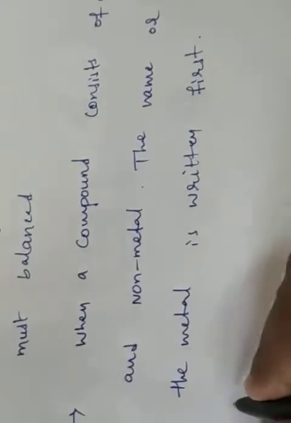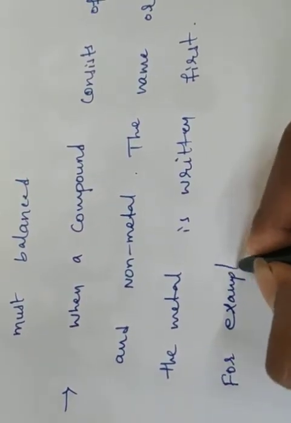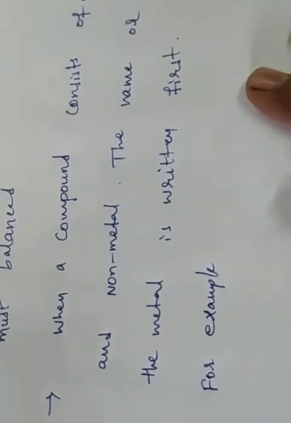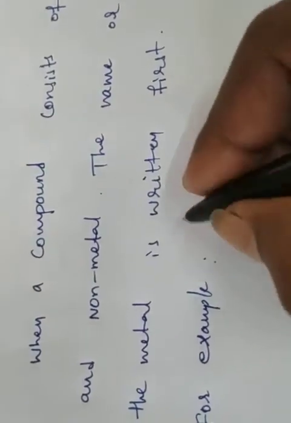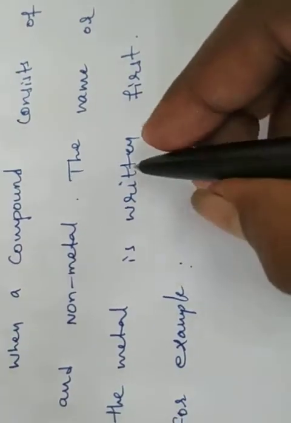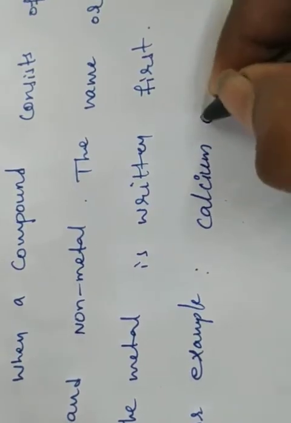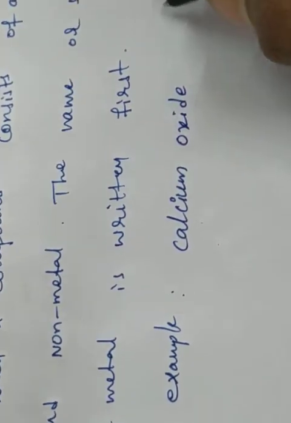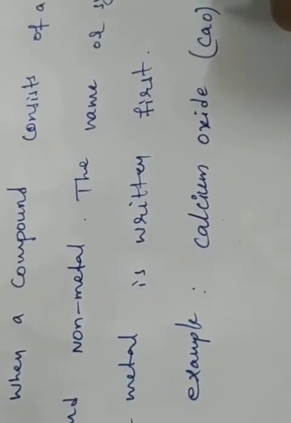For example, we take some examples like calcium oxide. What is the formula of calcium oxide? CaO. And sodium chloride.